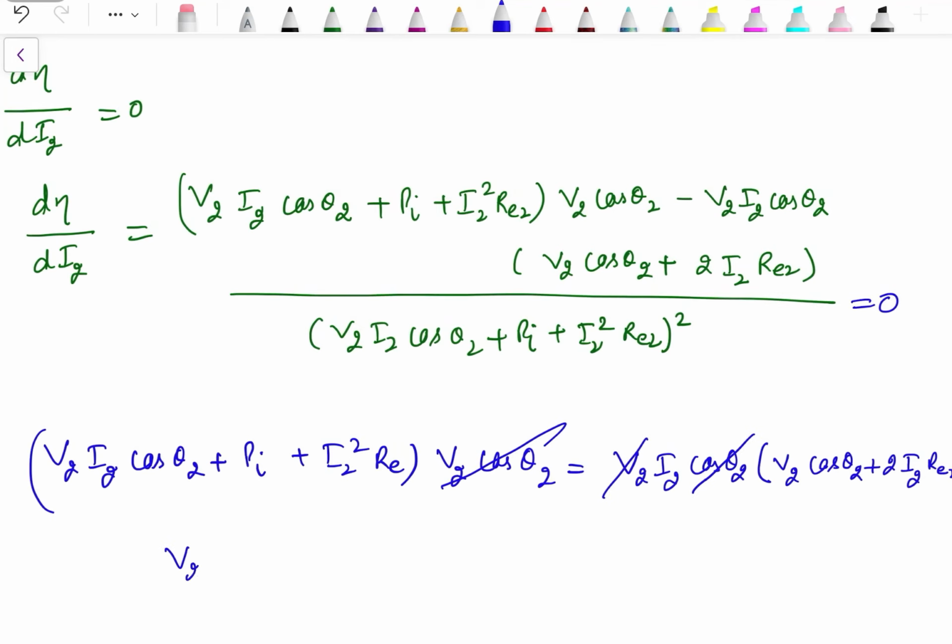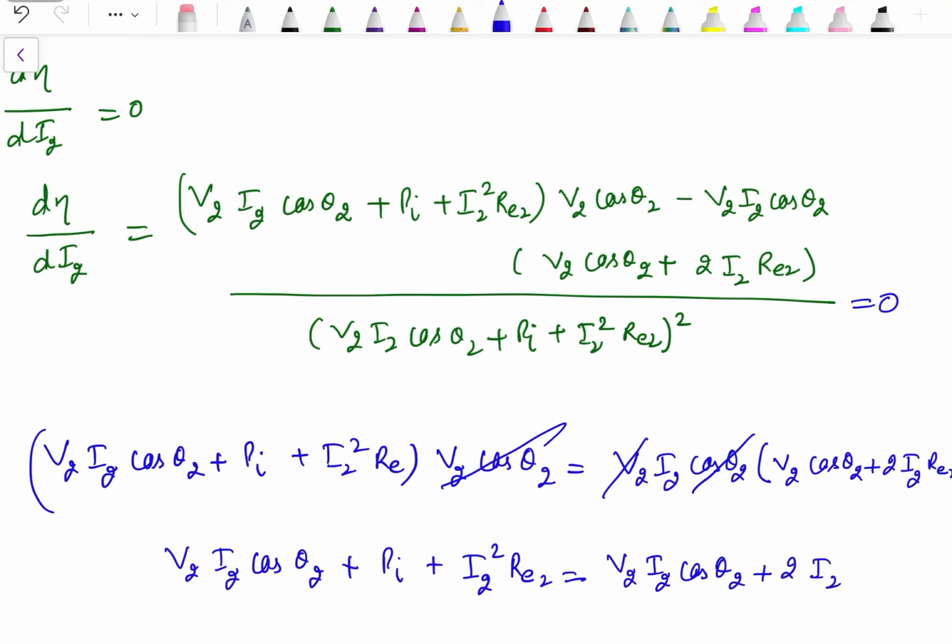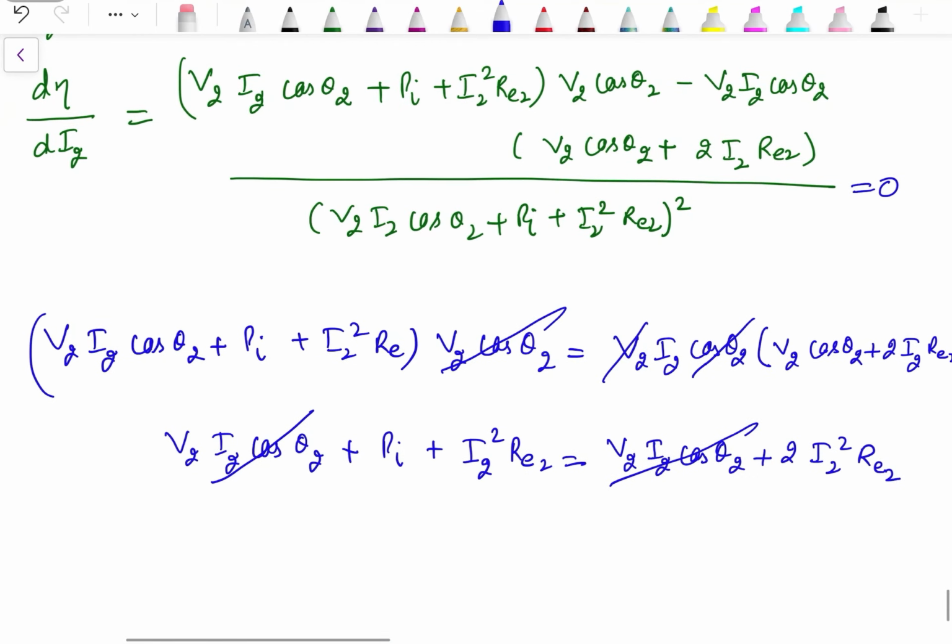Now what we have, V2 I2 cos theta 2 plus Pi plus I2 square RE2 is equal to V2 I2 cos theta 2 plus 2 times I2 square RE2. This term cancels out with this one, and what we get is Pi is equal to I2 square RE2.